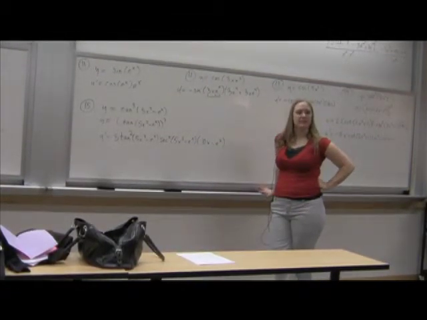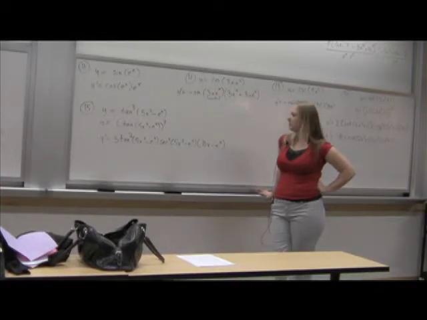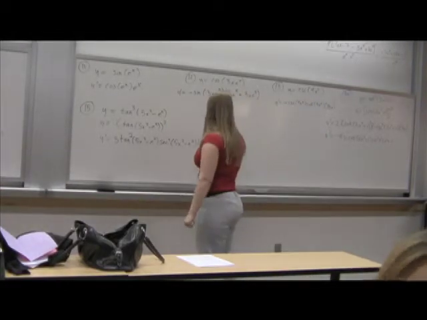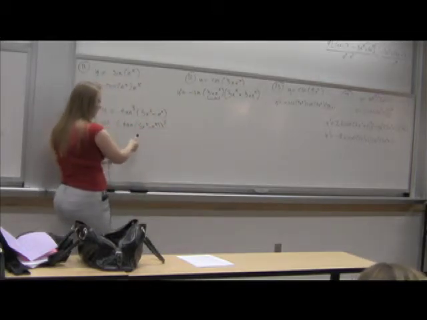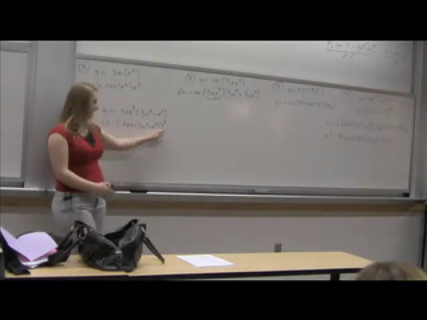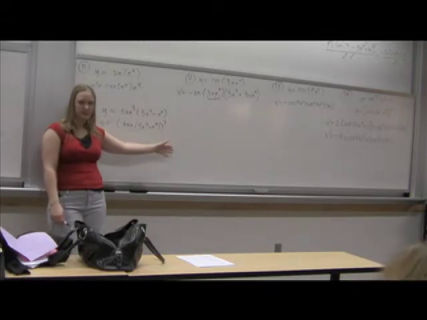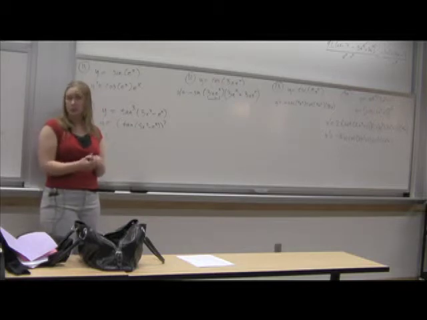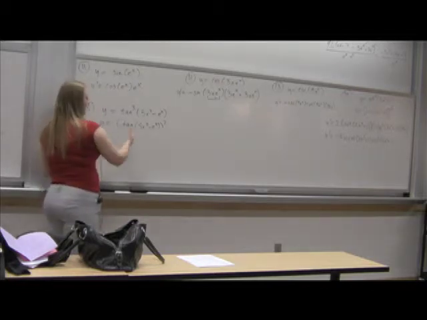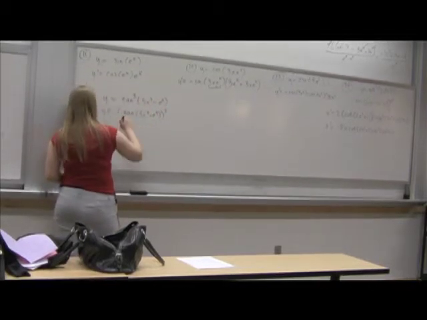Where it's raised to the third, how does that work? So this to the third really means tangent of 5x cubed minus e to the x times tangent of 5x cubed minus e to the x times tangent of 5x cubed minus e to the x, right? We're just going to use a chain rule. So this 3 is going to come out front.